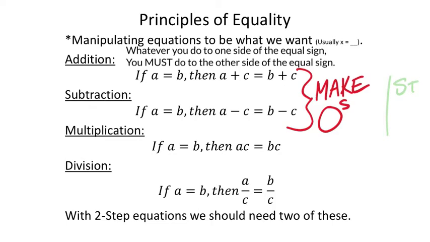When we're looking at two-step equations, after you've done that, then you're going to look at the coefficient of whatever the variable is, usually x, okay? And that's where these two come in, the multiplication or division principles of equality.